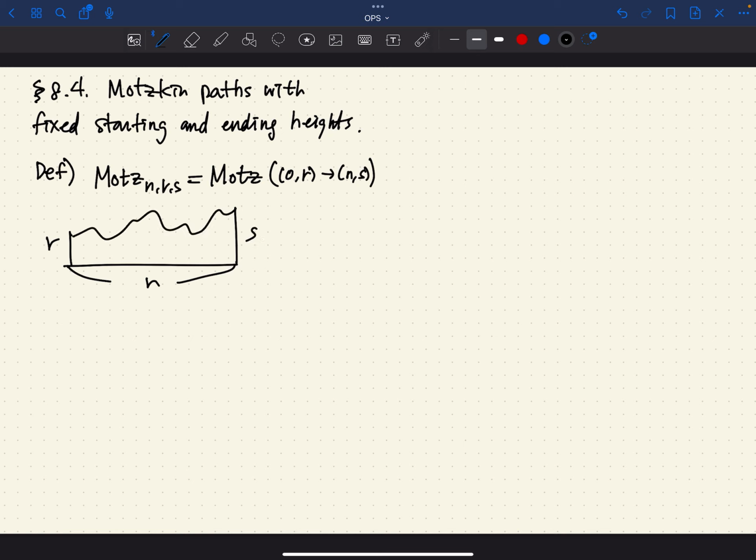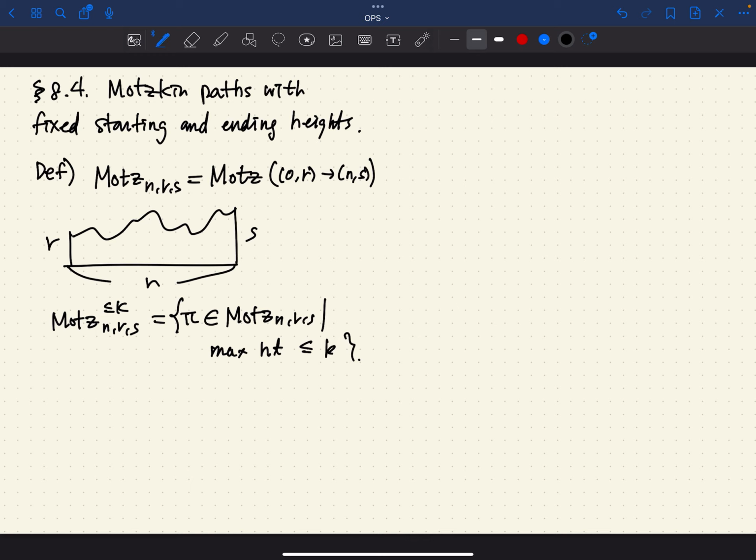And also we define, and of course we also have to define, Motzkin n r s less than k, the set of all paths pi with maximum height less than or equal to k.